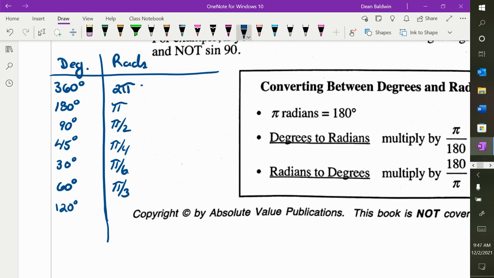And 60 is pi over 3. So 120 is 2 60-degree angles, or 2 pi over 3. What's 270? This is 3 times 90. So it's 3 pi over 2.